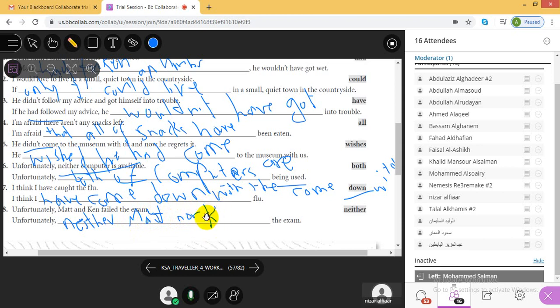Can I say fail the exam here? It will not give me the same meaning. I will say pass the exam. The opposite of fail is pass, or passed, to be past simple. Passed the exam. So both of them failed. This is the same meaning as the previous sentence. When I want to say Matt and Ken failed the exam, I will say neither Matt nor Ken passed the exam. So I mean they didn't pass.